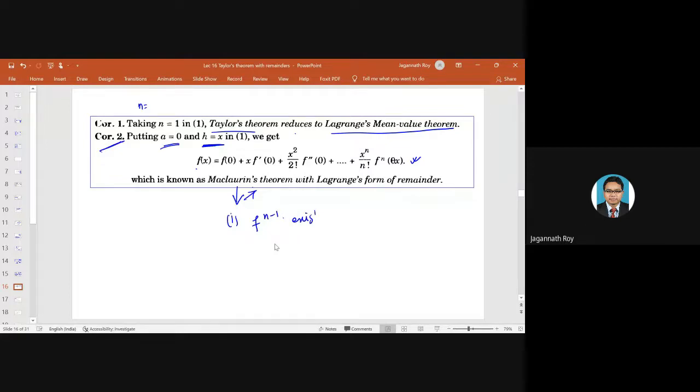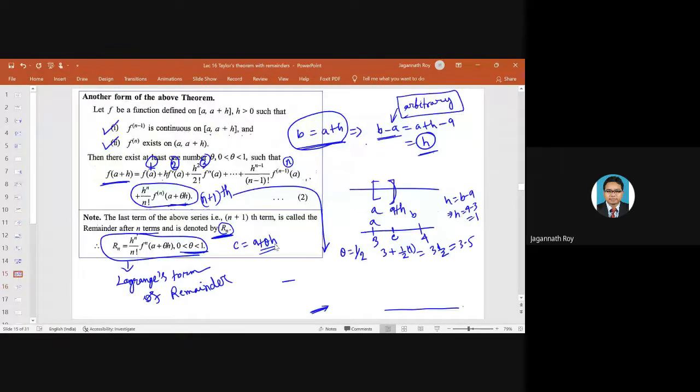The derivative of order n minus 1 exists on 0 to 0 plus h. The second assumption is that the nth derivative exists on this interval 0 to 0 plus h. Then there will be some point, for theta between 0 and 1, so that the remainder term will be of this form.